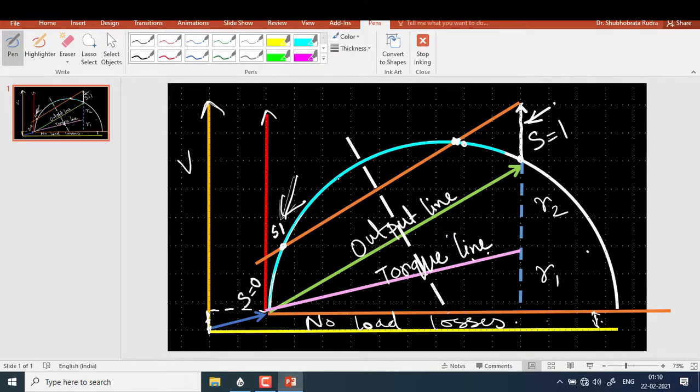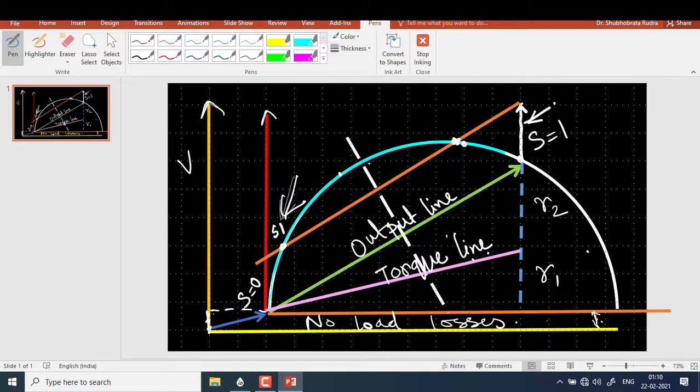However, one thing we need to know is what SMT is. SMT is that point for which we can expect the maximum value of torque.